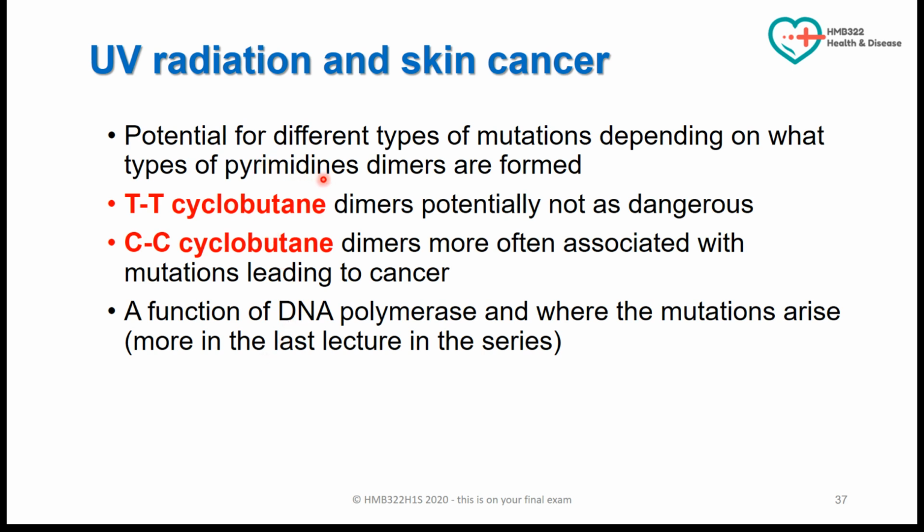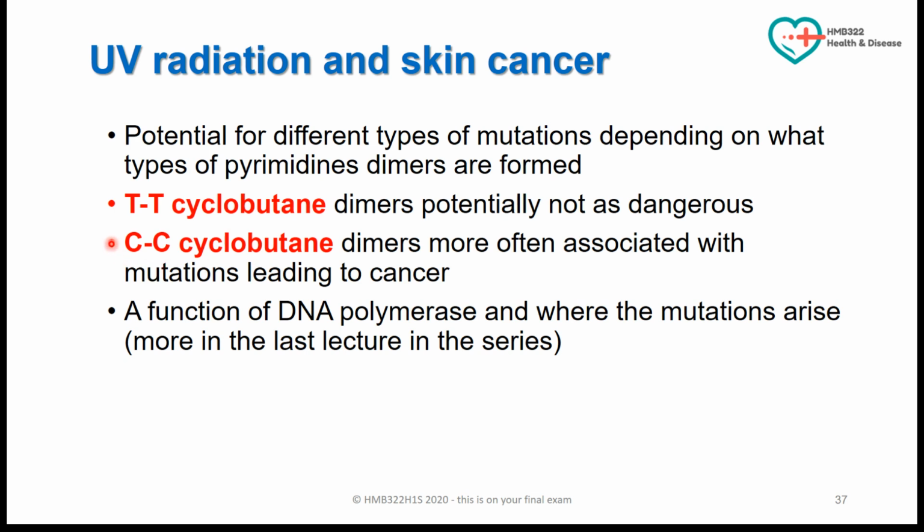So these types of pyrimidine dimers that potentially could form, and these are all pyrimidines, so they're side by side. We could form a thymidine-thymidine cyclobutane dimer. And this one, if it does form because you have UV-induced damage, and you have not protected the skin cells appropriately, this one is not thought to be as mutagenic and therefore not as dangerous.